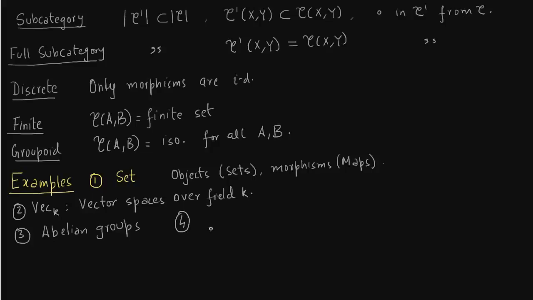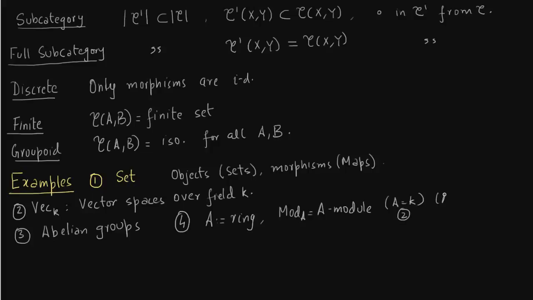Now if A is a ring, then A modules form a category which we write as Mod A. So this is the category of A modules. Again, if we take A as just a field, we obtain example number 2.